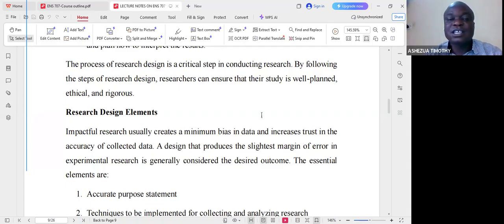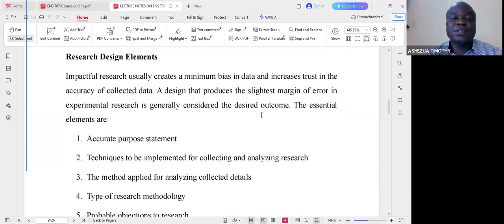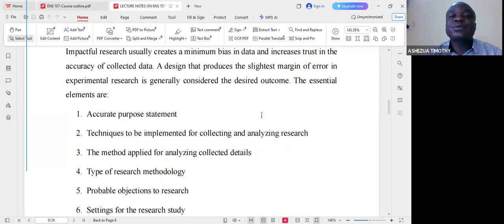The essential research design elements are: one, accurate purpose statement. The purpose of your research, the statement must be accurate. It must not be ambiguous. It has to be straightforward. That's why I said accurate purpose statement.